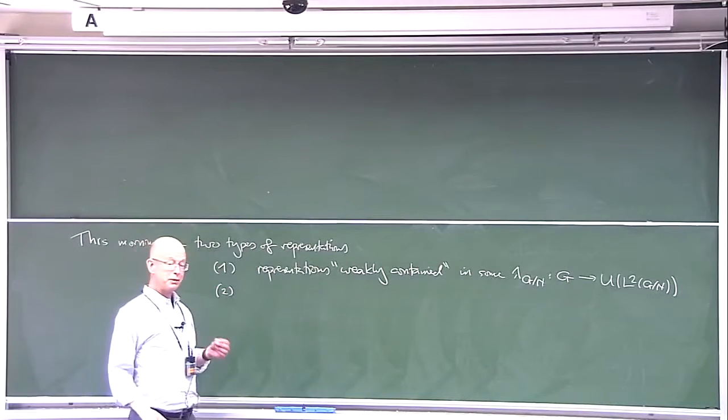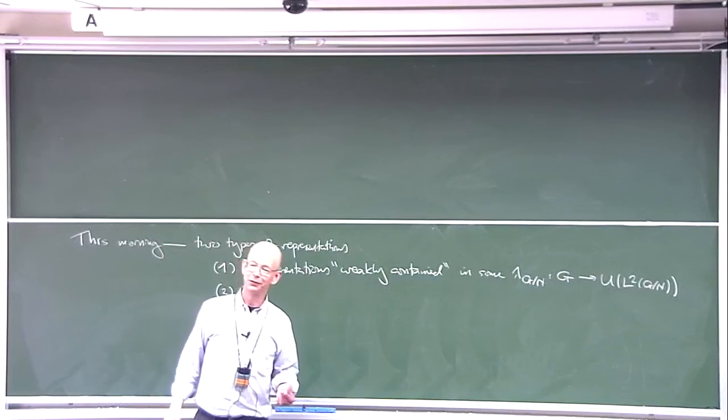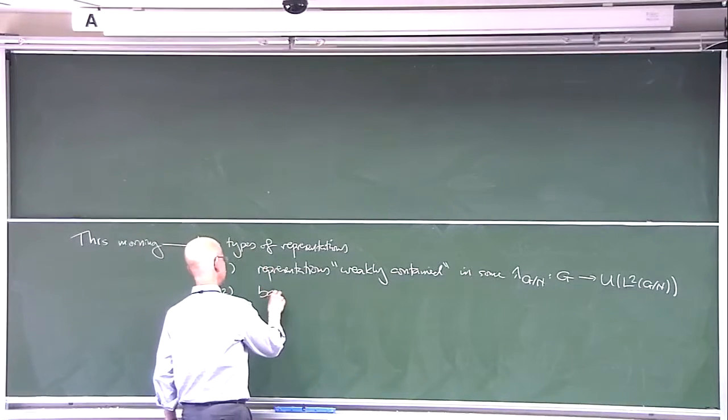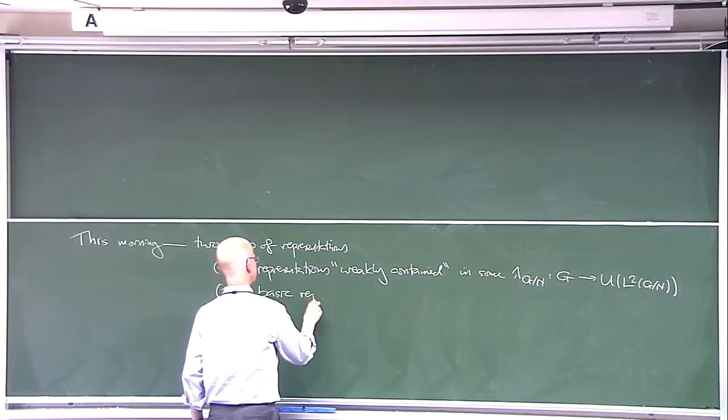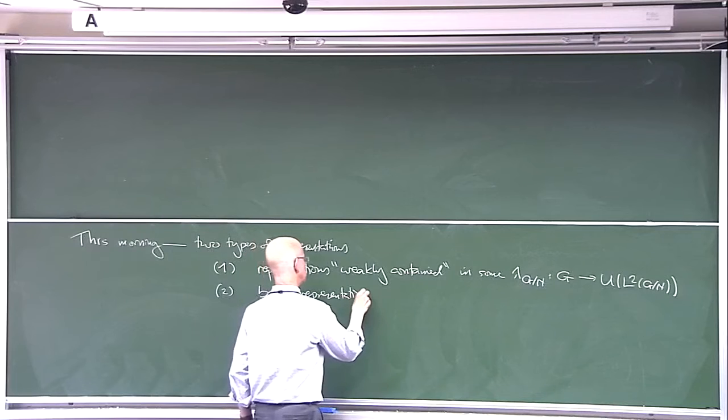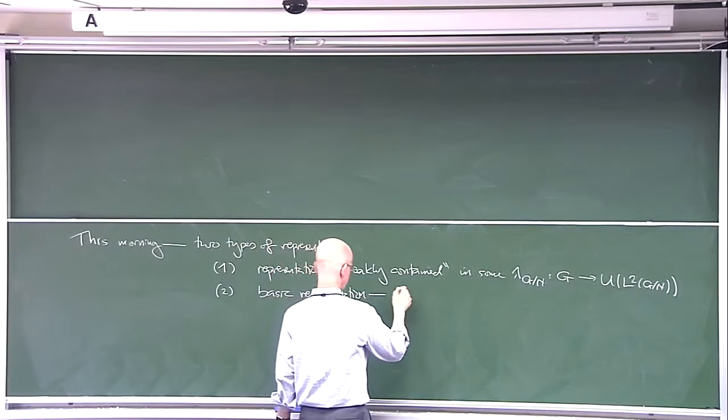And at the moment, type 2 is all of the representations which are not in type 1. So by definition, a basic representation is all of the others.